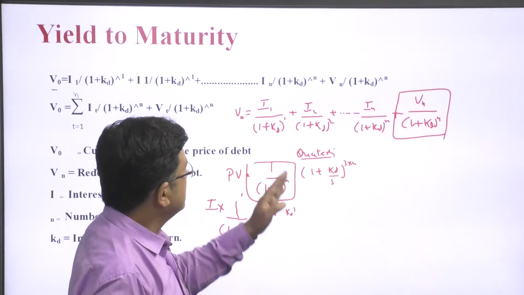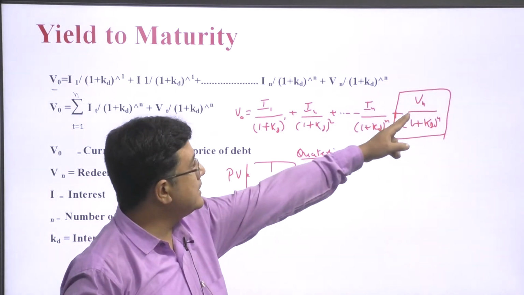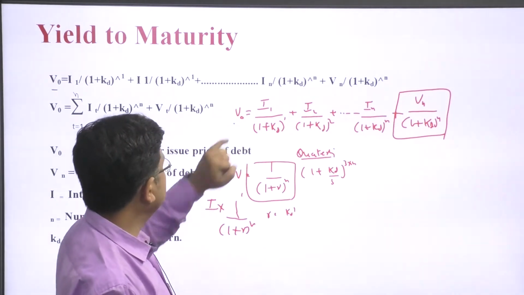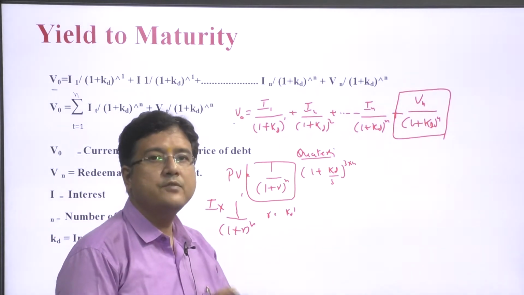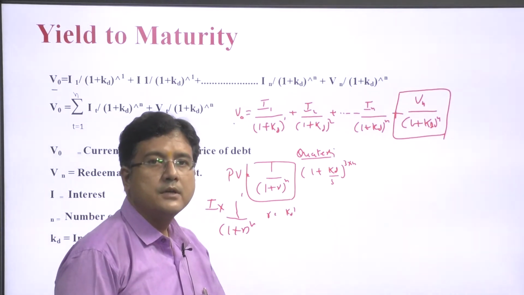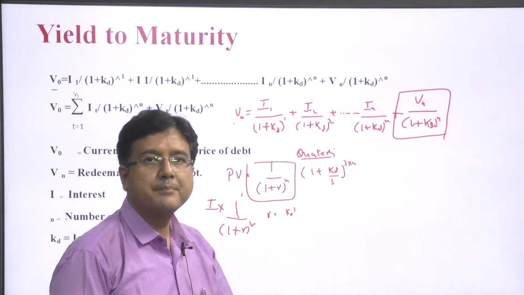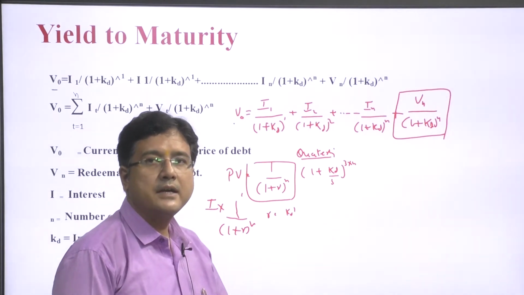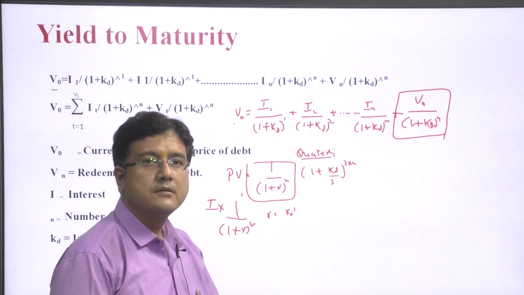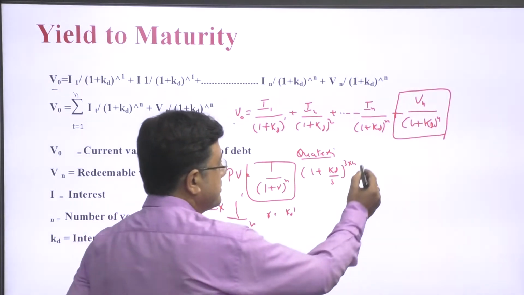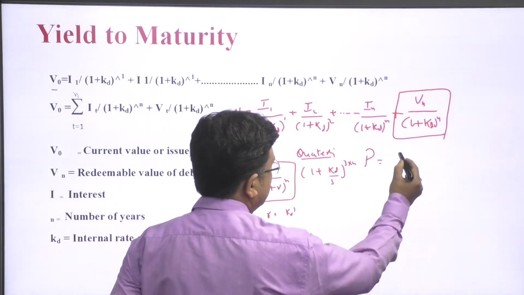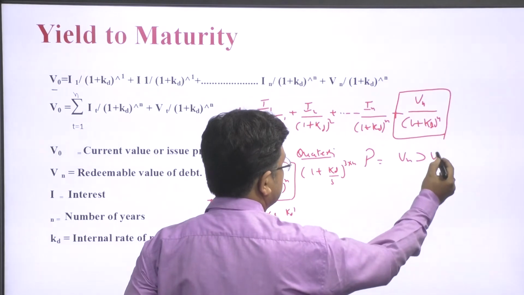Here Vn is the redeemable value, V naught is the initial value. It is not necessary that Vn and V naught are equal. In case of redemption at premium, Vn is greater than V naught.